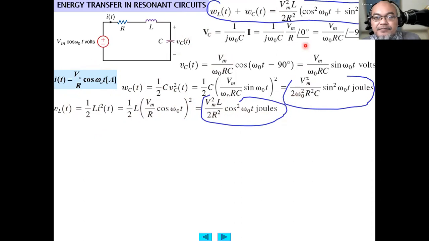The common factor here is Vm squared divided by 2R squared.